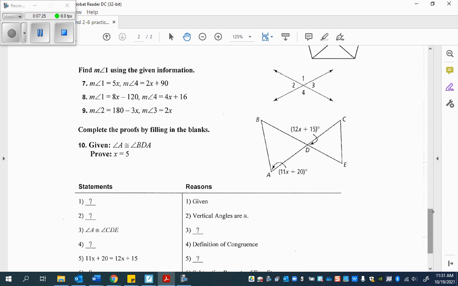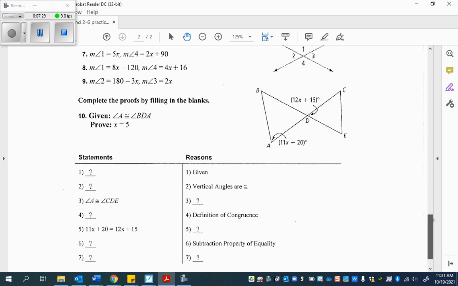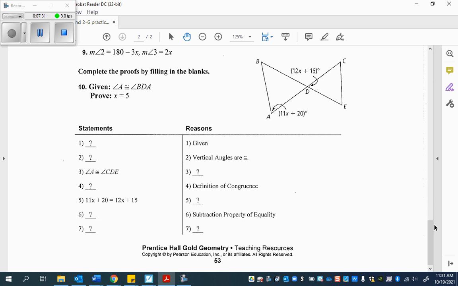All right, in number 10, you have a proof, and you're given that angle A and the measure of angle BDE are congruent. Those two angles are congruent. So statement number 1 is your given. Statement number 2 is where you talk about vertical angles being congruent.